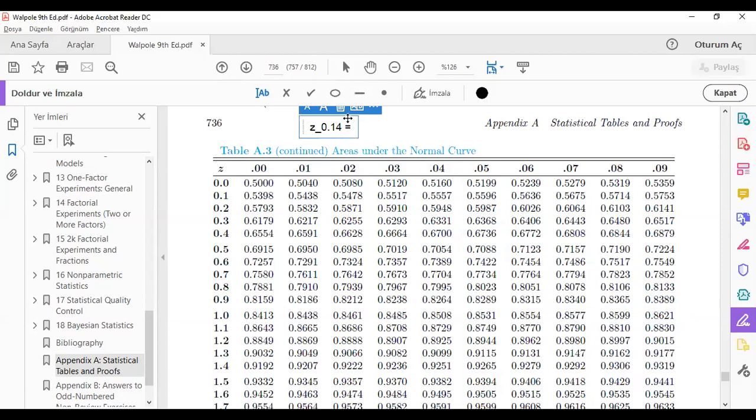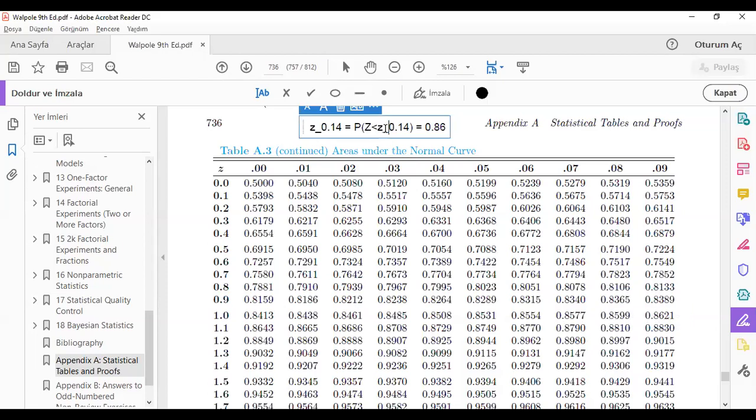So this is equal to the probability that z is smaller than z sub 0.14, which is 0.86. Now I just look at the table and try to find 0.86. And 0.86 is, as your friend said, just here. So the value of z sub 0.14 is equal to 1.08, okay? Thanks, Faizan Dilayda. That's the correct answer.